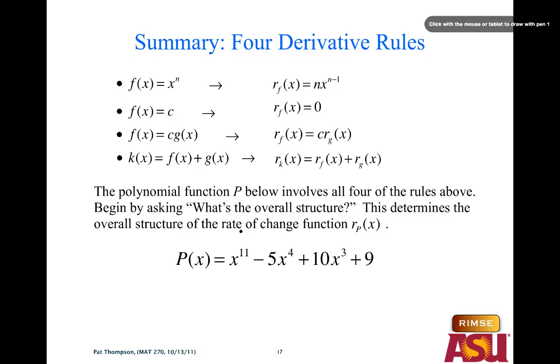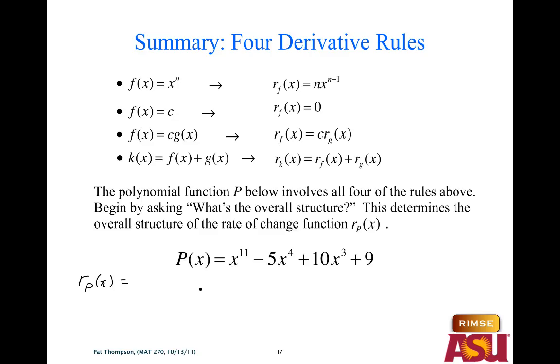So we can start by writing the rate of change of capital P equals what? What does the sum rule say? It says that the rate of change of a sum is the sum of the rates of change. So we can write it that way.